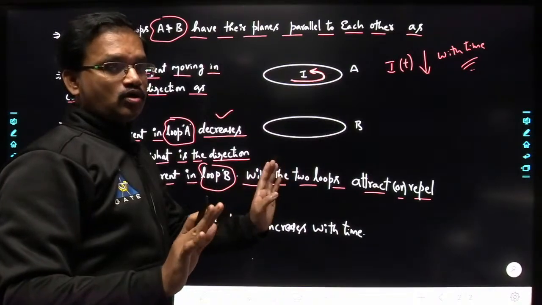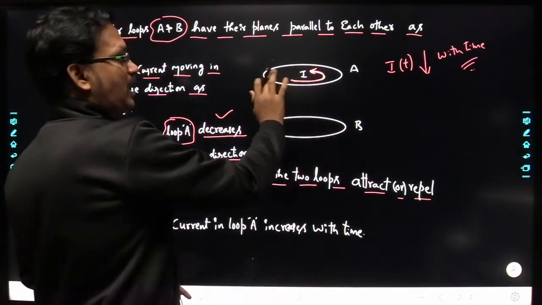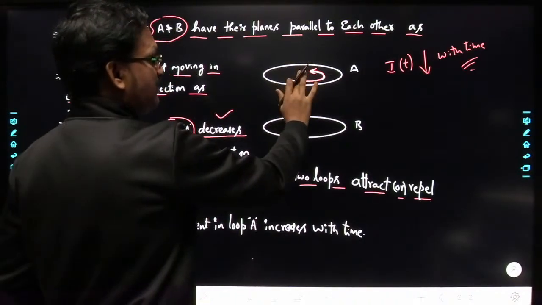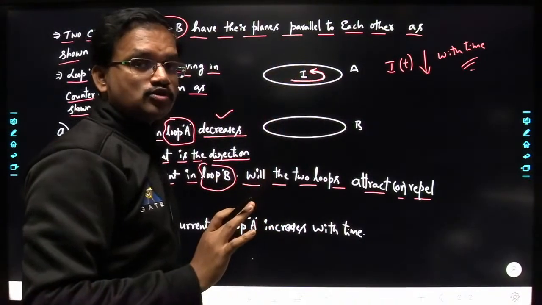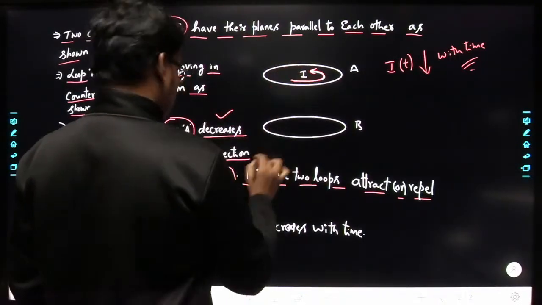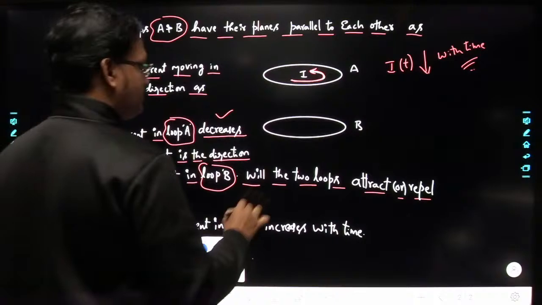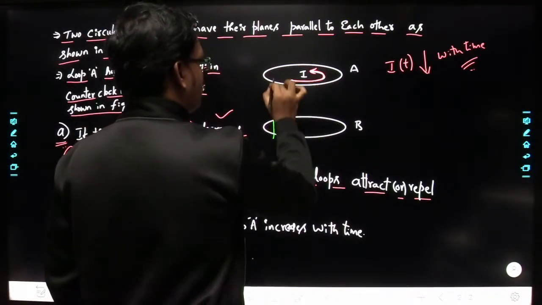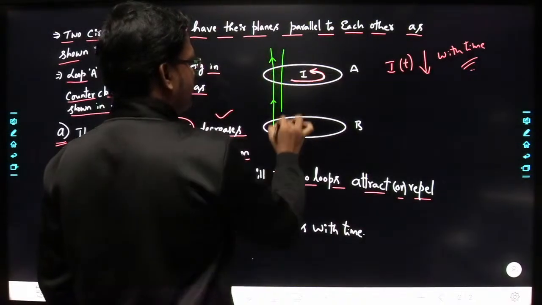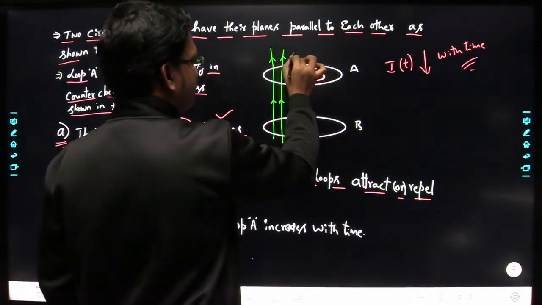You have only the current in loop A. This current is going to produce the B field in upward direction. So the B field will point in upward direction. This is the direction of the B field here, right?